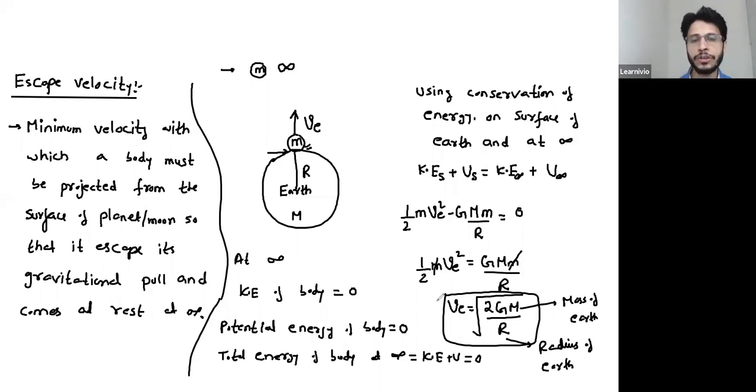So escape velocity is absolutely independent of the mass, shape, and size of the body. It depends on the planet from which you are projecting. So if you are projecting from Earth, the escape velocity will depend on the parameters of Earth, not on the parameters of the body.